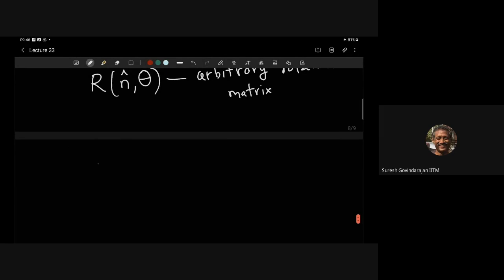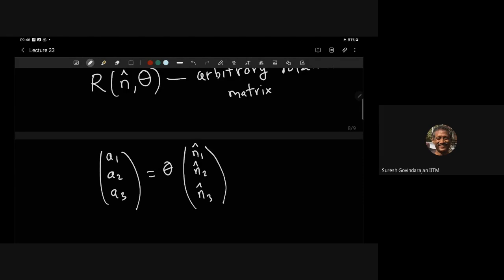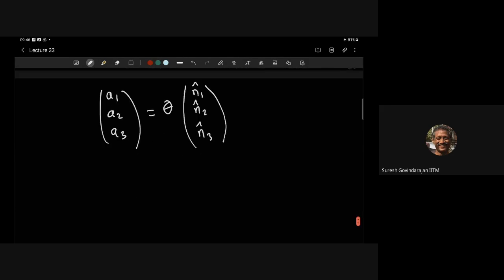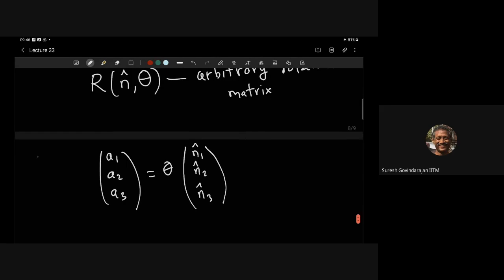To make this analogy work, you write A1, A2, A3 to be theta times the unit vector. If you do this, then you should be able to match. Okay, so make this choice. I'm giving you the map, and what should theta be?